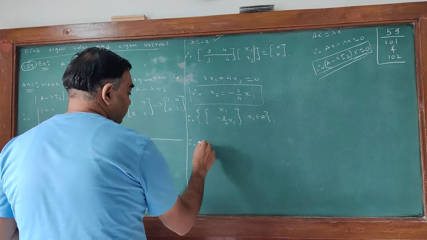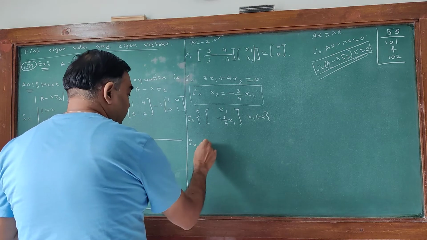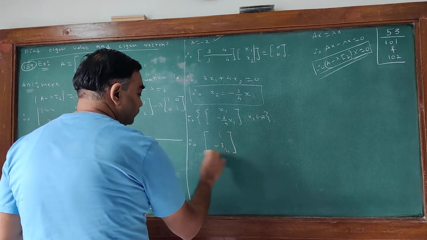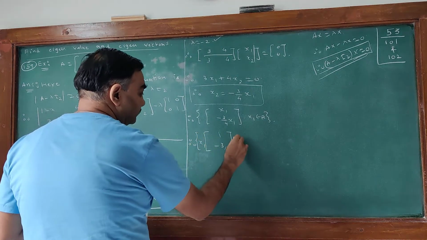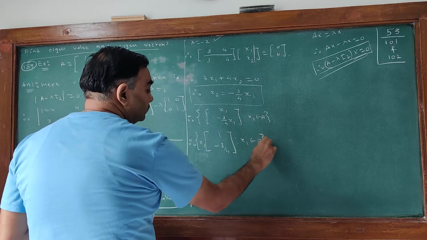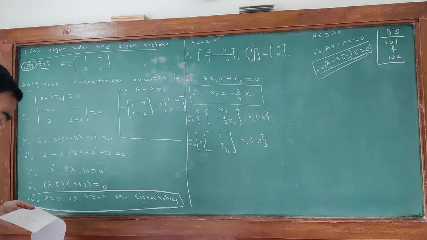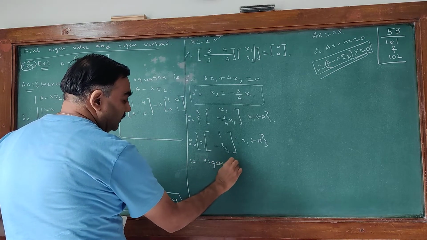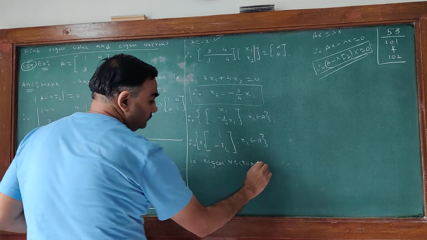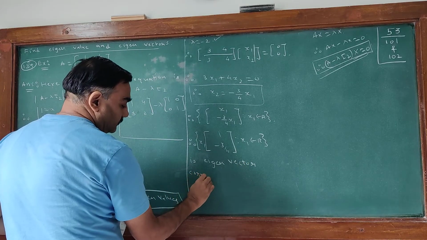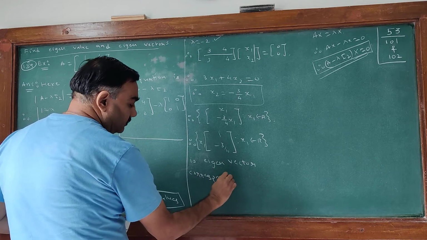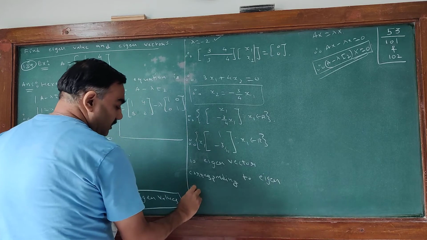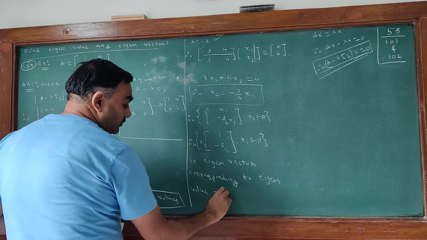Therefore, [x1; minus 3/4 x1] is eigenvector corresponding to eigenvalue minus 2.